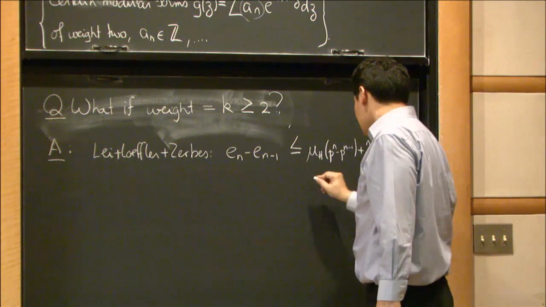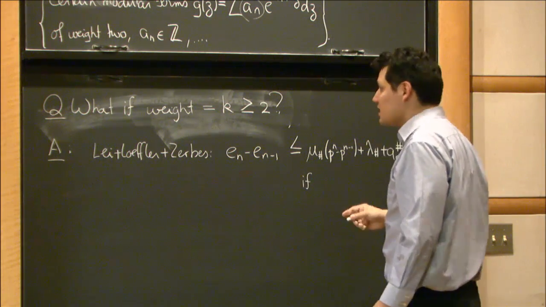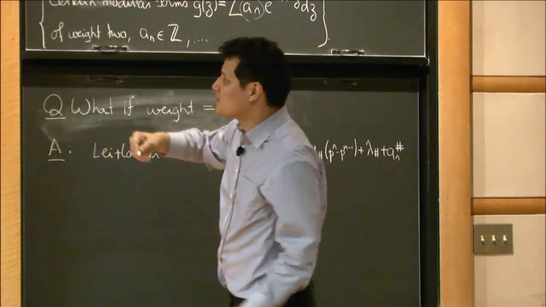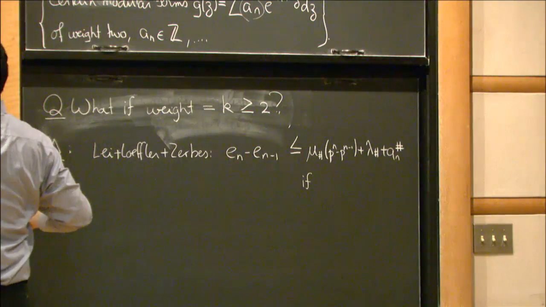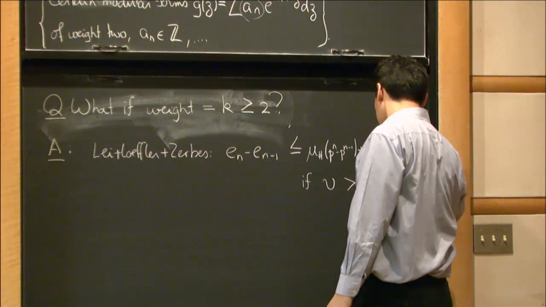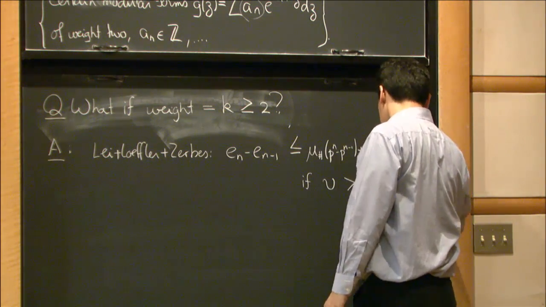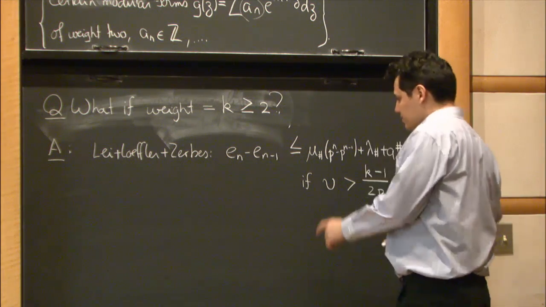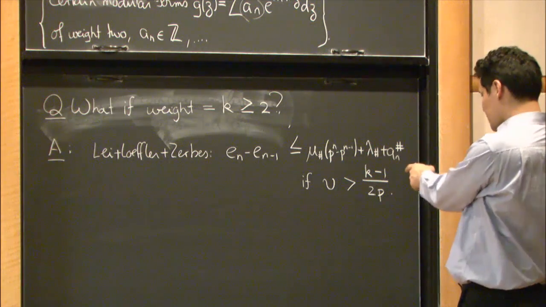And they're able to do this as long as V, again, is inside some small disk. It depends on the weight. So they're able to give an inequality in this case.